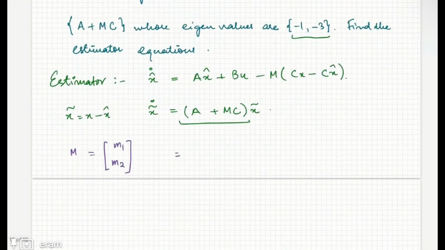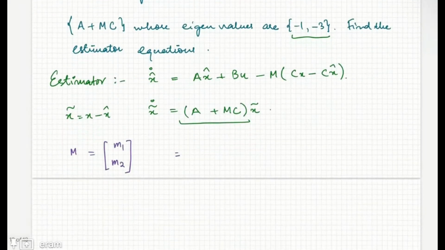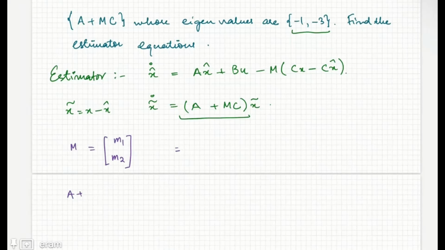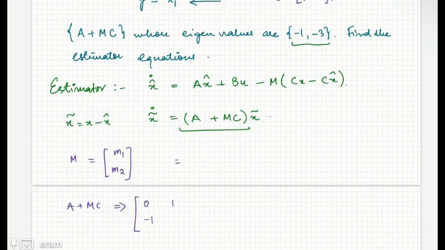So A plus MC can be written as 0, 1, -1, -1, plus m1, m2, and C is 1, 0.